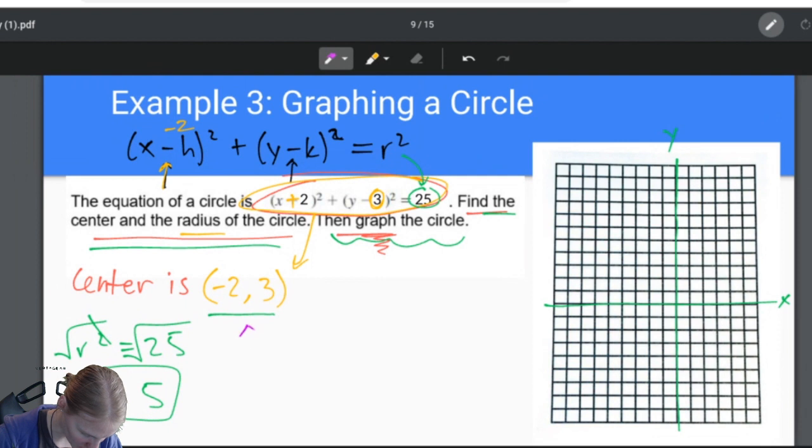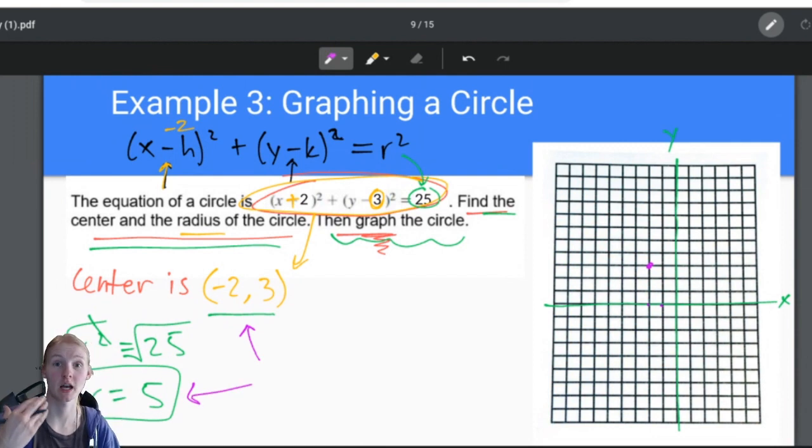Okay, center. We're going to start at the center. -2, +3. So there's my center. Perfect. And now my radius is 5. So here's what I do when I'm graphing, because what does 5 look like that way? I have no idea. I can't count diagonally, but if I count up and down, 1, 2, 3, 4, 5, aha!